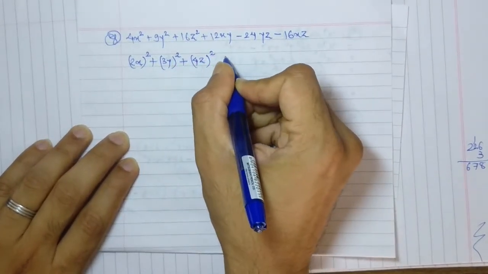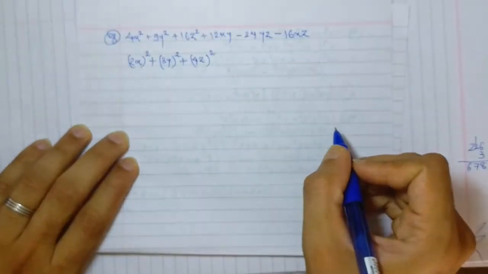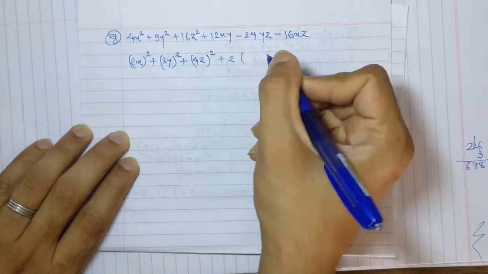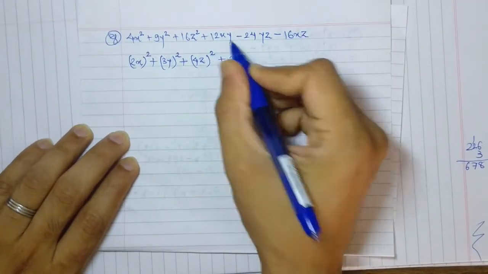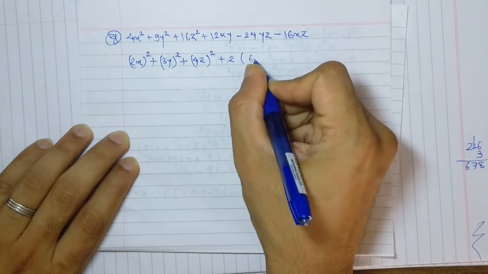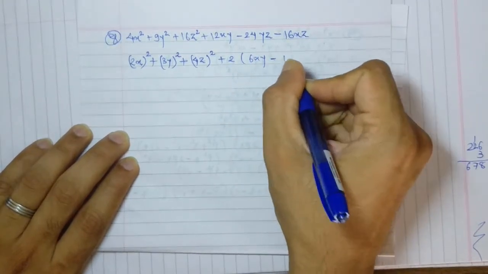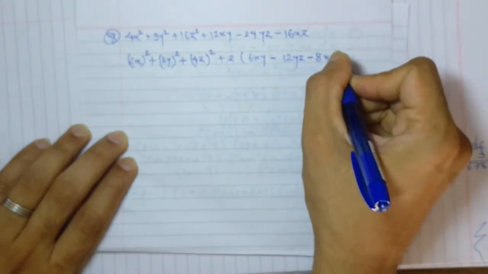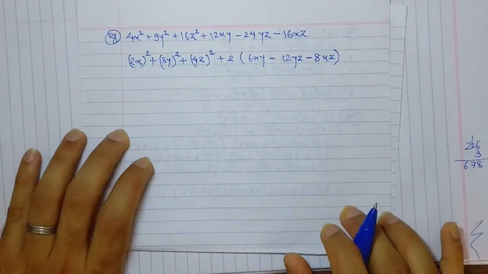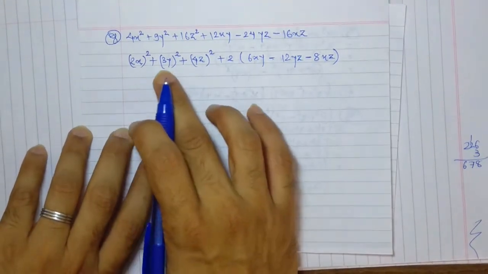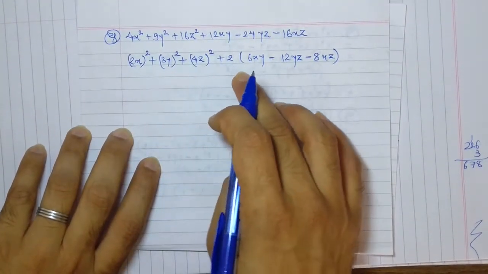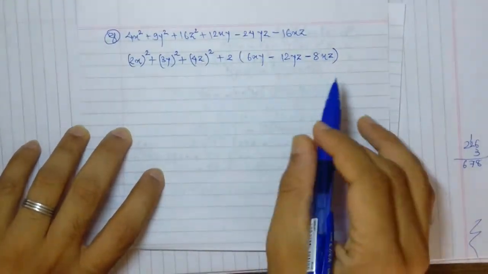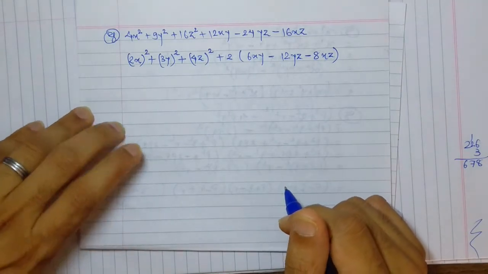And here I'm going to take 2 common: plus 2 bracket, 12xy will be 6xy, minus 12yz, minus 8xz. So this is of the form a square plus b square plus c square plus 2 bracket ab plus bc plus ac. But of course there are some signs here and there which we are not able to understand.